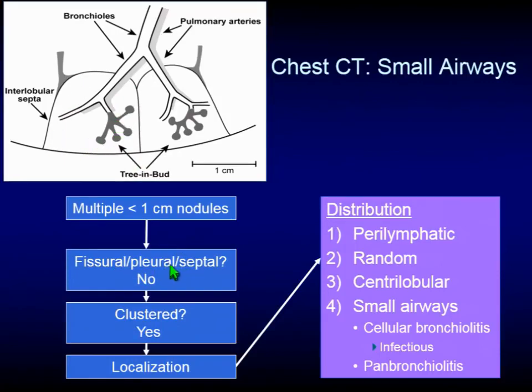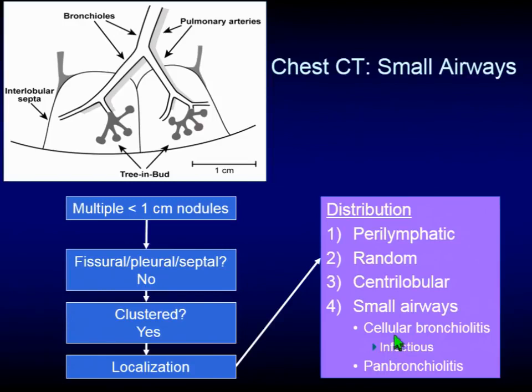Here we don't have any perilymphatic or lymphatic structure involvement. They're clustered, not very dissimilar to the more ground glass centrilobular pattern I showed you just before this. So when we see this clustered pattern of centrilobular nodules, we're really focusing on a small airways process.